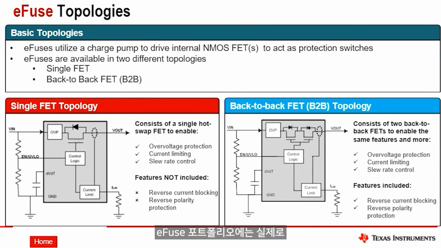Within our eFuse portfolio, we actually have two different types. We have eFuses with single FET topologies, which just have one integrated MOSFET, and then we also have versions with back-to-back MOSFETs, as shown here. Today, we'll be focusing on a device that has a single FET topology.